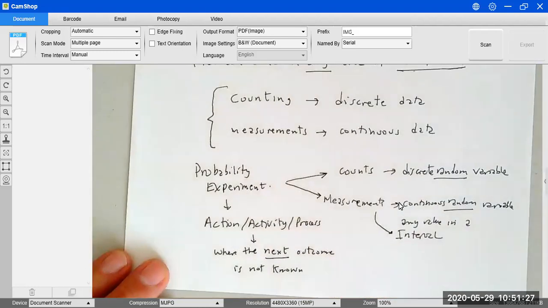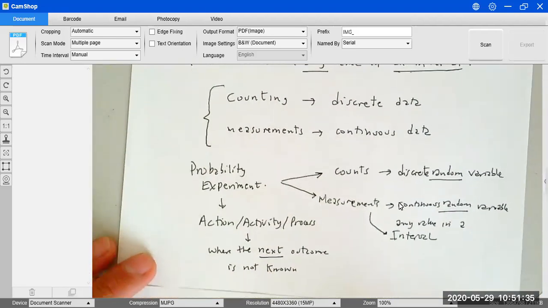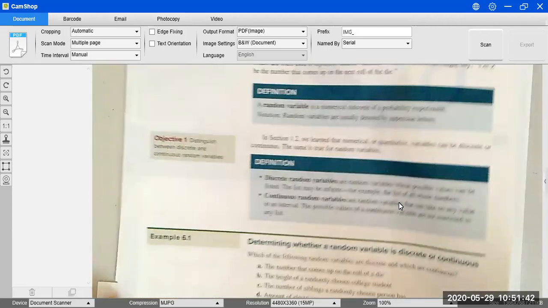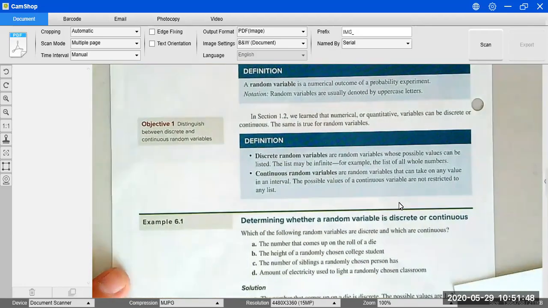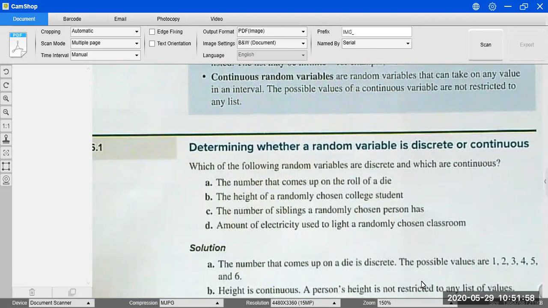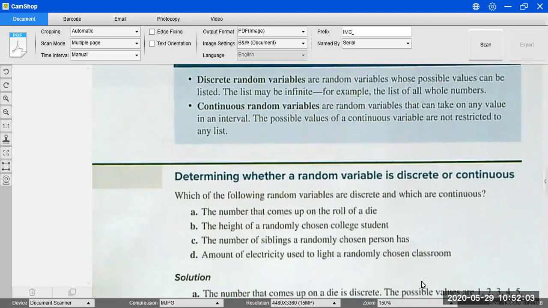So we're going to solve some examples to understand this a little better. We're going to start with example 6.1, which is on page 254. The question is: which of the following random variables are discrete and which are continuous?